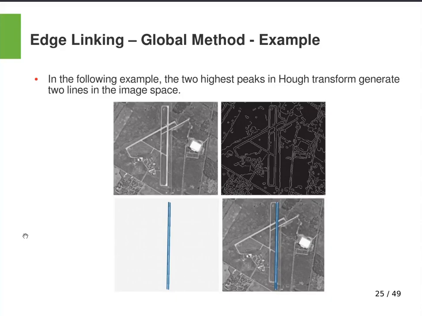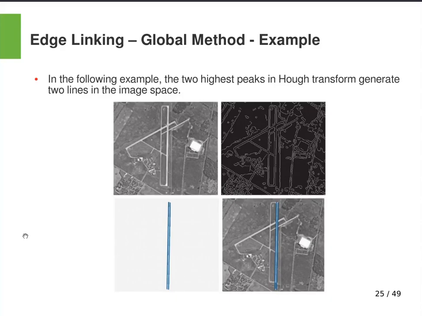For a quick example, on the top left we have this original aerial image of an airport, and to its right we have the result of the Canny edge detector. If we use the result of the Canny edge detector and calculate the Hough transform, we end up with several peaks in the parameter space. Each one of these peaks corresponds to a straight line in the image.